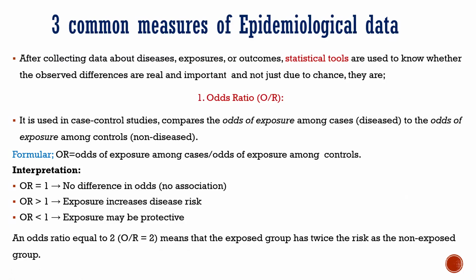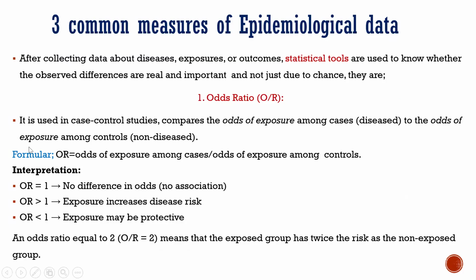Let's say for instance, you want to check the odds ratio among smokers and non-smokers, that is the odds of them maybe coming down with lung cancer after a specific period of time. Those people that have been smoking for a long time, and then maybe those people that have not been exposed to smoking. Okay, so I'm going to be explaining what case control studies mean as we go on.